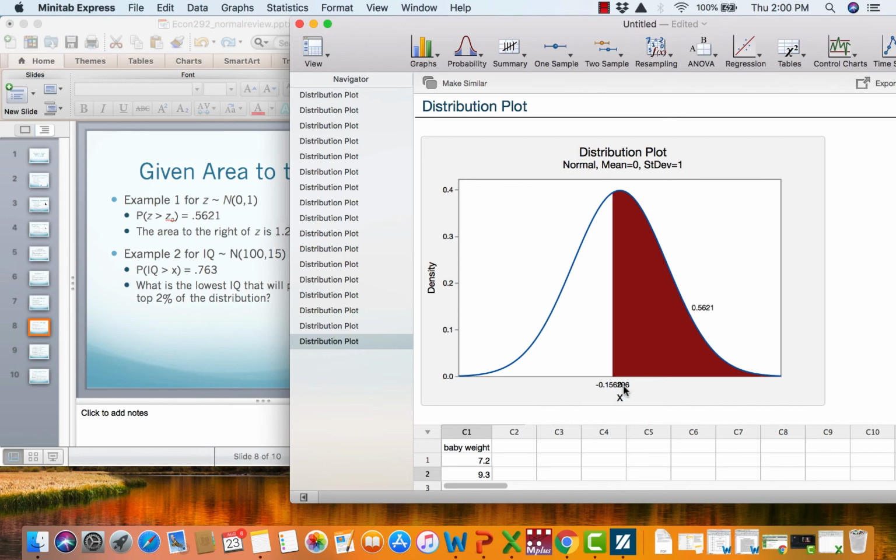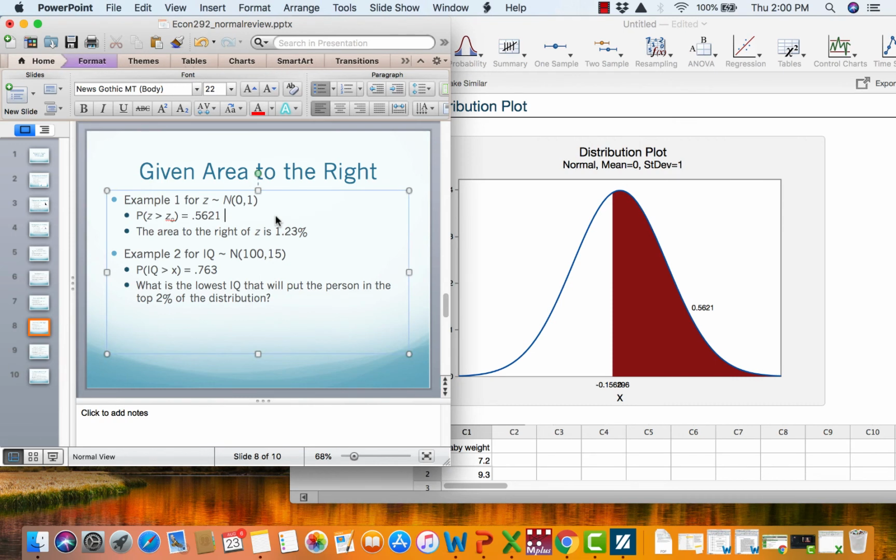All right, we don't necessarily look at what's next to it. We are always going to round this 6 up because we're rounding into the red shaded region. And so our answer here is z equals negative 0.157. Okay, again, rounding up into the right.